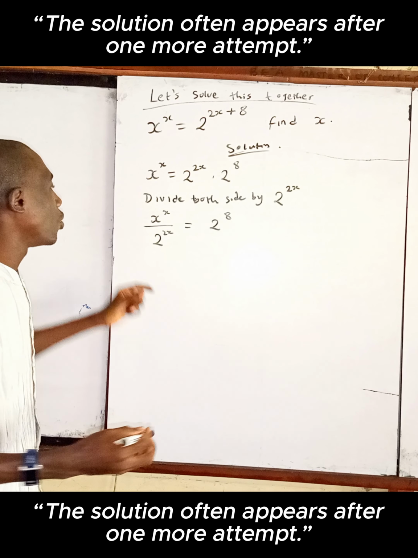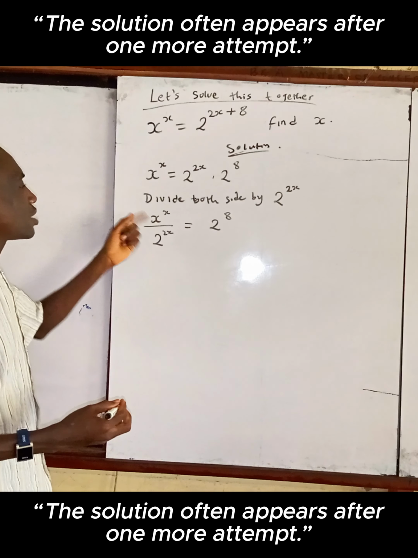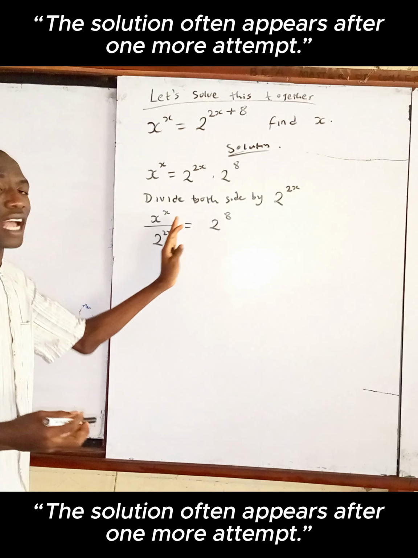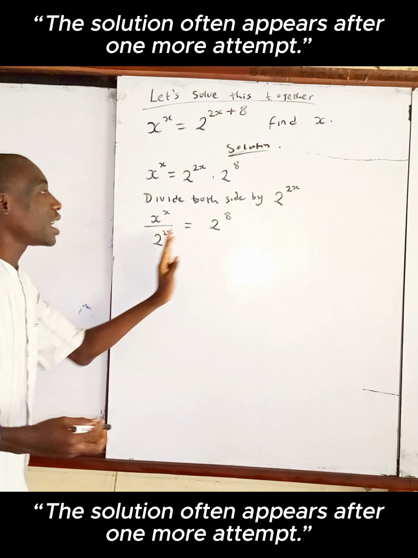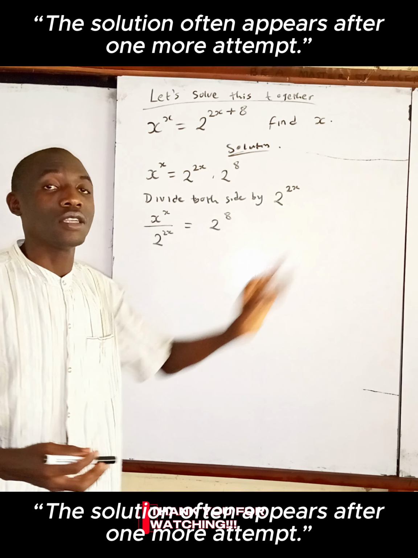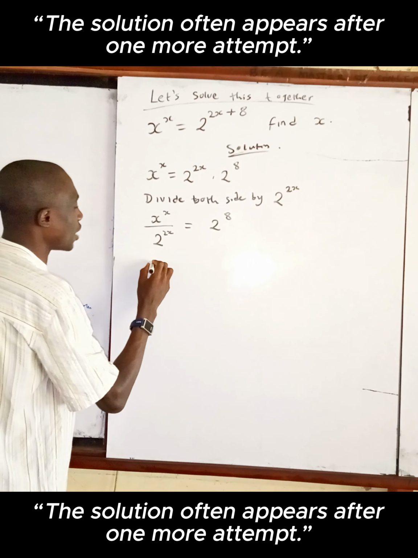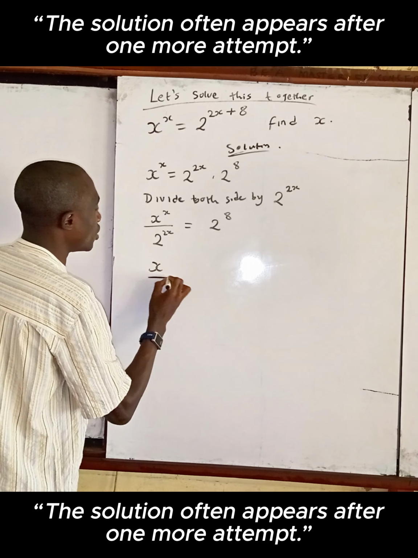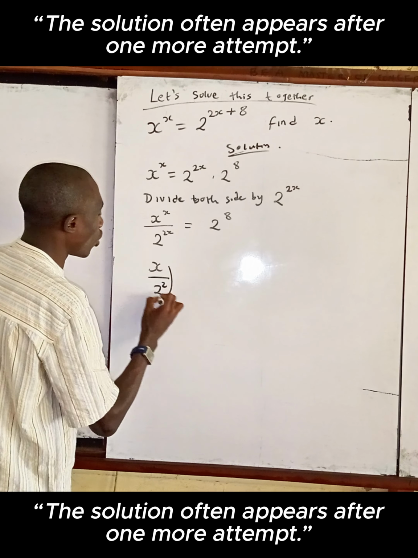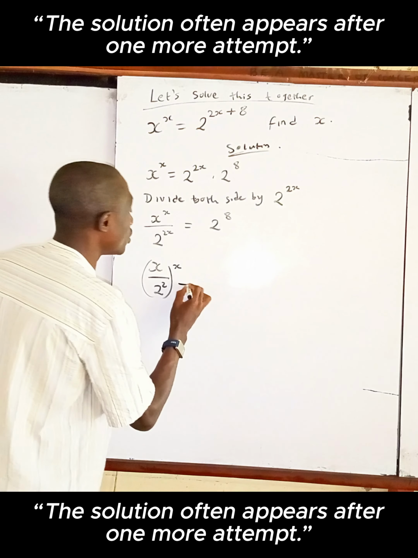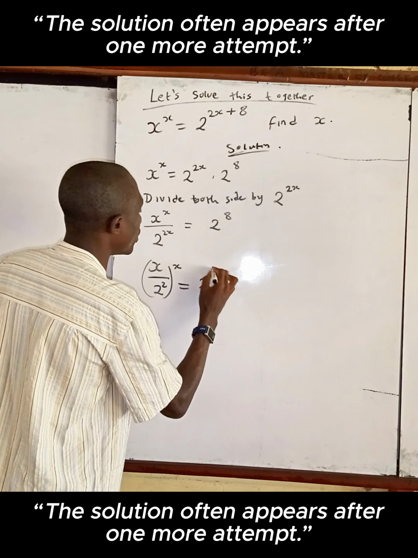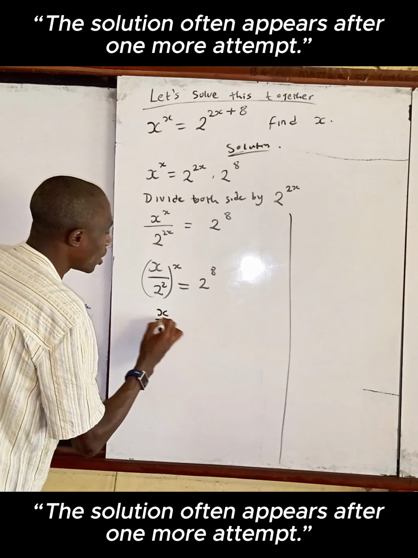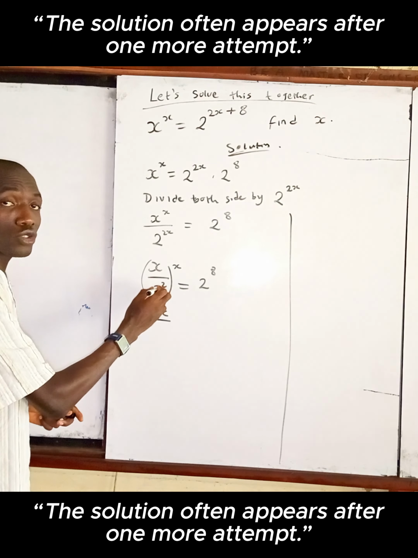And what am I looking for? I'm looking for a means by which I'm going to bring all the values that have x into one side and the values that do not have x into the other side. I can write this as x divided by 2 raised to power 2, all raised to power x, is equal to 2 raised to power 8. I have x divided by 2 raised to power 2, that is 4.